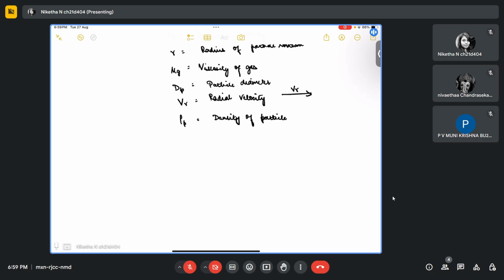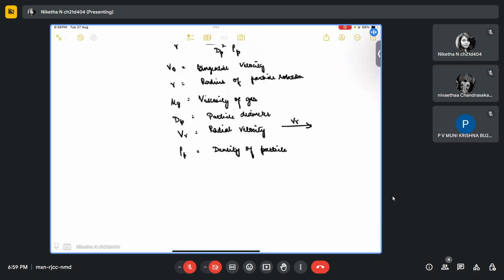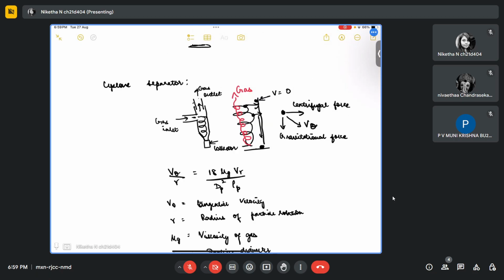Now, if we assume that the radius of the particle is more than 0.2 times the diameter of the outlet.